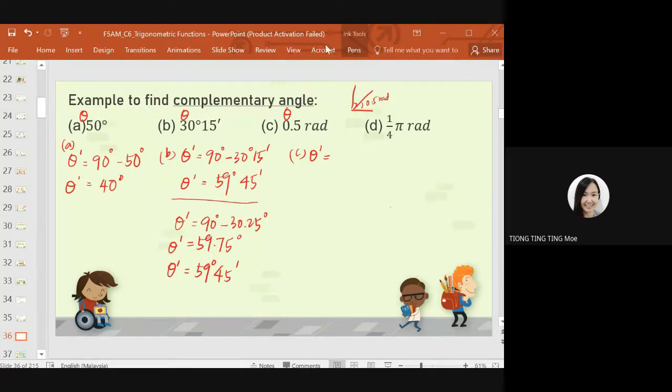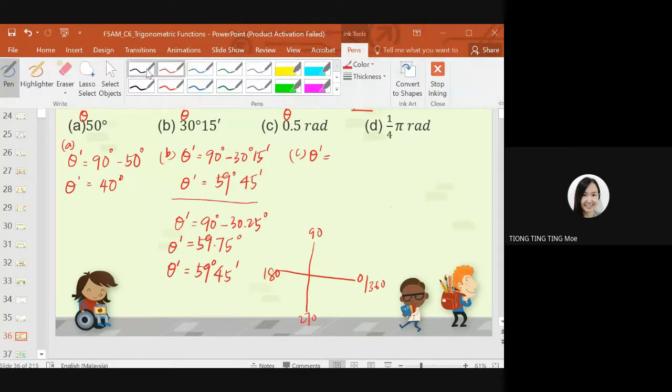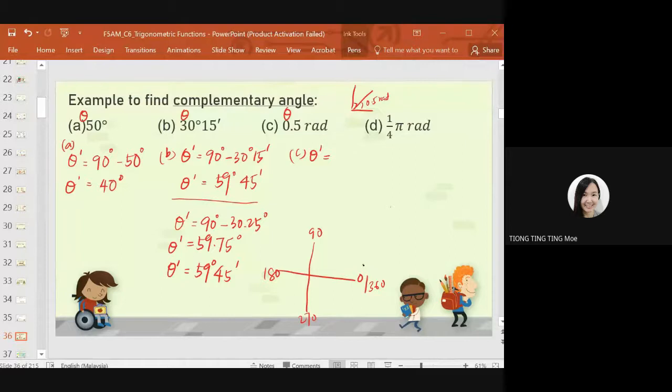I write here: 0, 90, 180, 270, 360. Okay, now change to radians. 0 radian, or one circle is 2 pi radians.